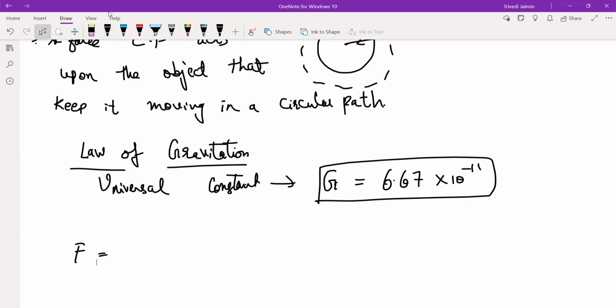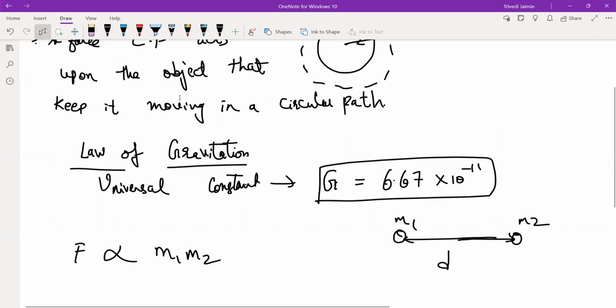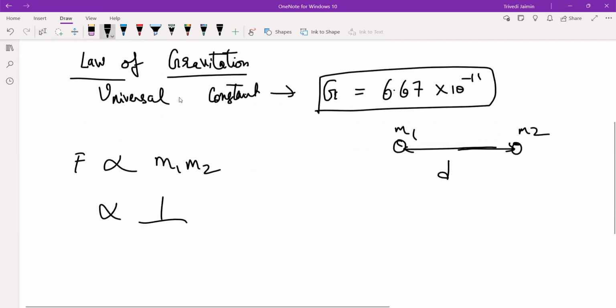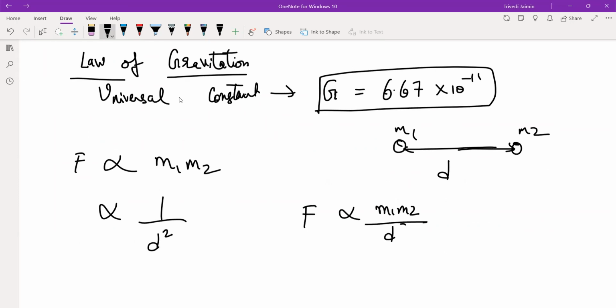And as she said, force is directly proportional to the product of two masses. Let's assume M1 and M2 are the masses, and it is inversely proportional to the square of the distance between them. So combined, F is directly proportional to M1 M2 by R square.